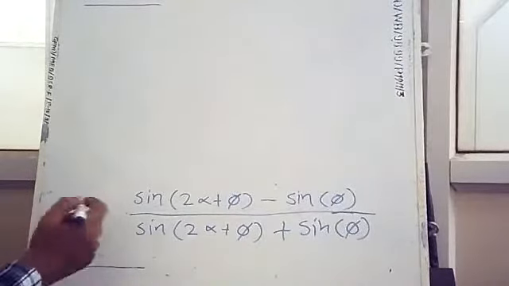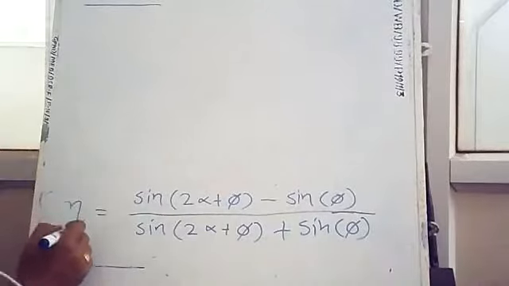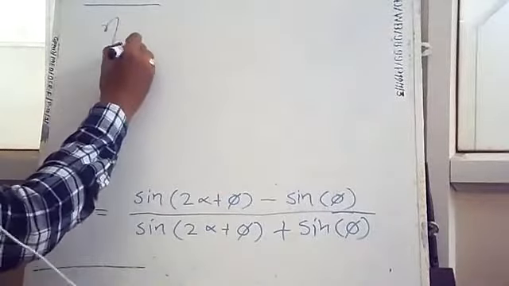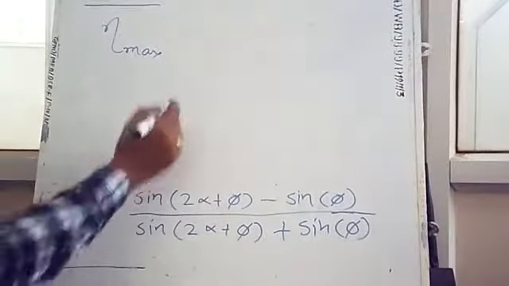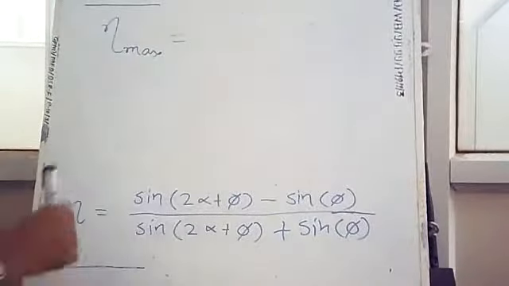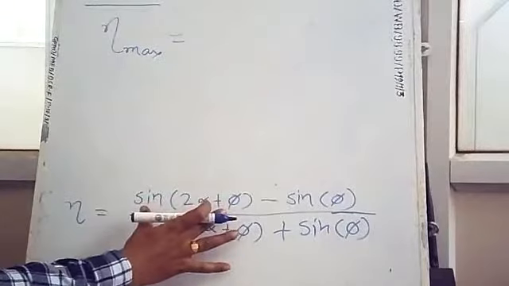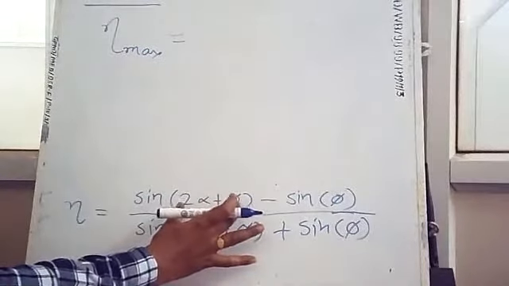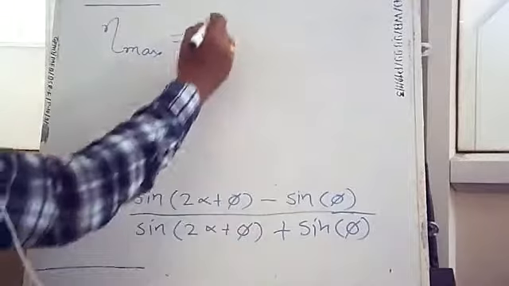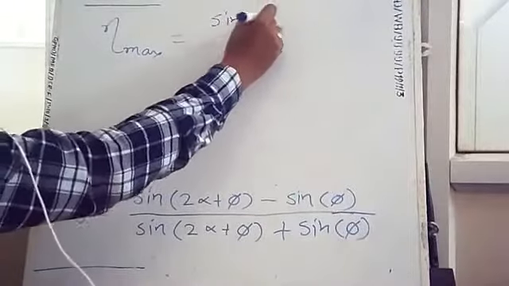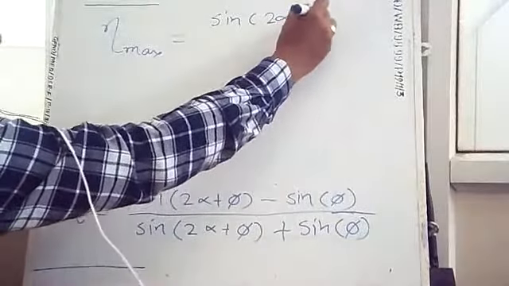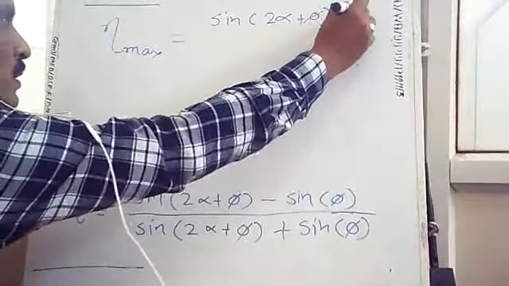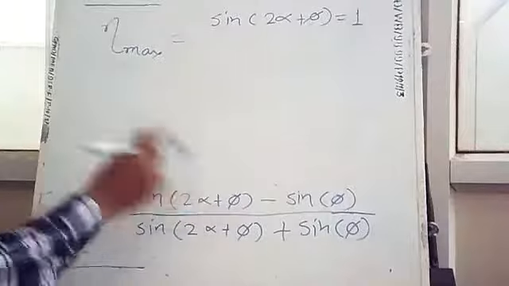So this equation is maximum when this part is maximum, that means sine of 2 alpha plus phi, if it is 1, then this equation is maximum.